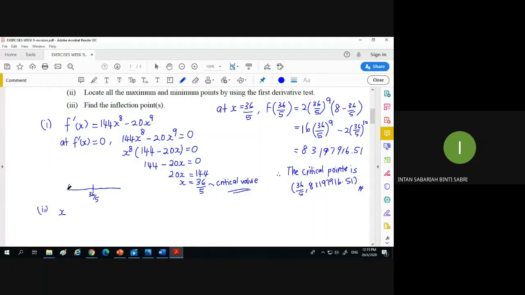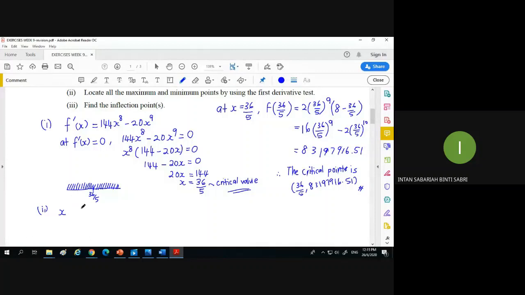You have to consider before and after 36/5. Why? Because we want to see the nature, the behavior of the function on the critical value 36/5. We want to see whether before this it is increasing or decreasing, and after, either increasing or decreasing.